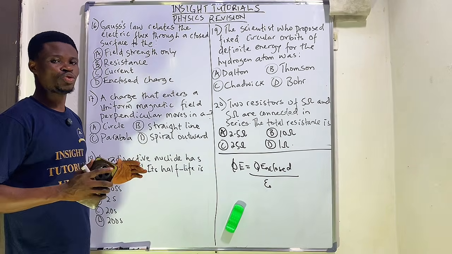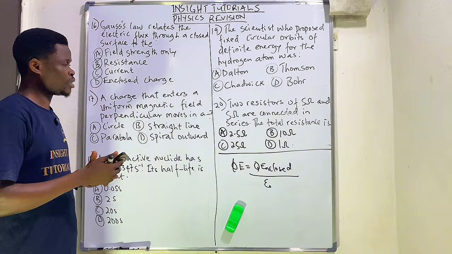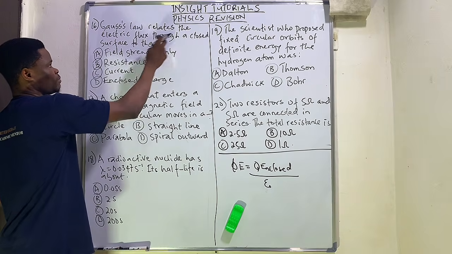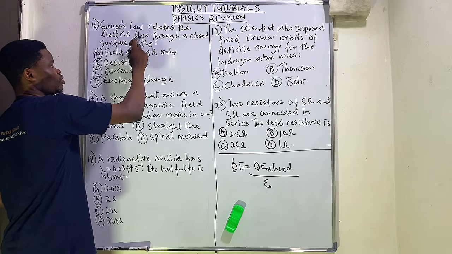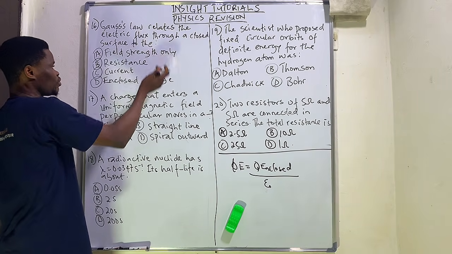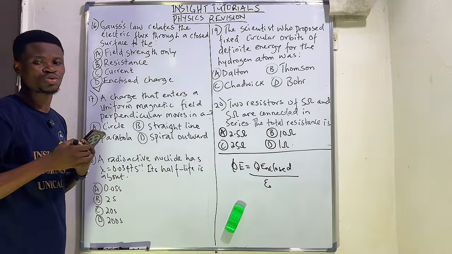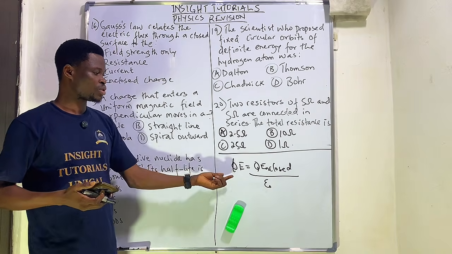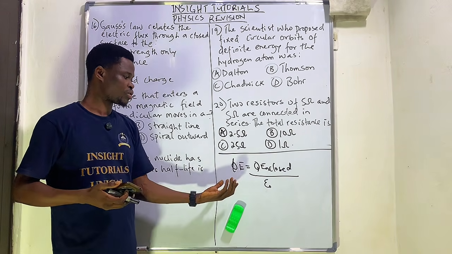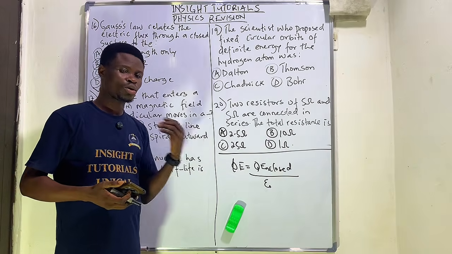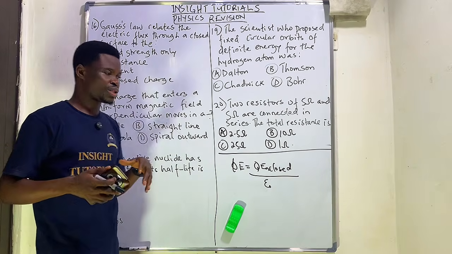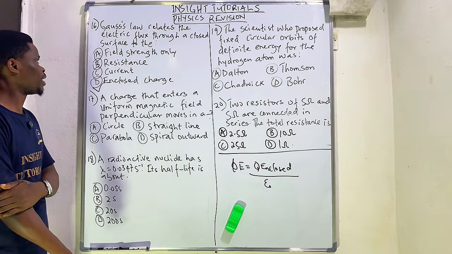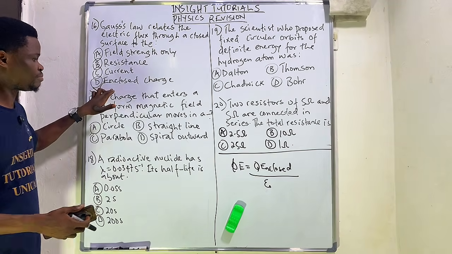So for what Gauss law relates, the correct answer is through a closed surface to the enclosed charge. Because according to the formula, Gauss law in terms of the total electric flux is actually related to the enclosed charge that is inside that particular medium. All right, so that's the correct answer.